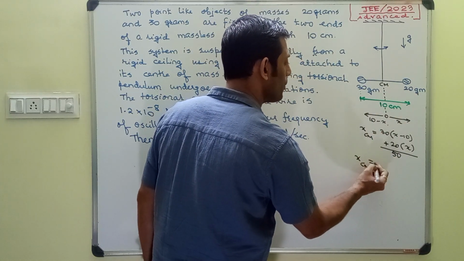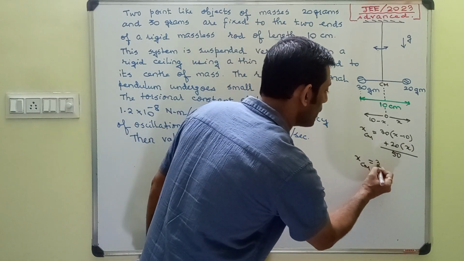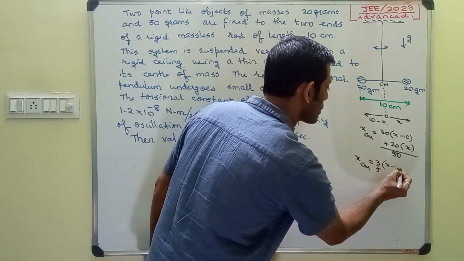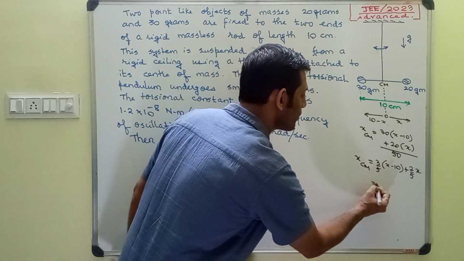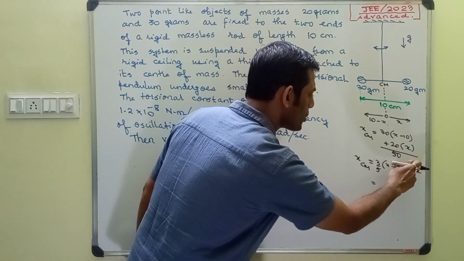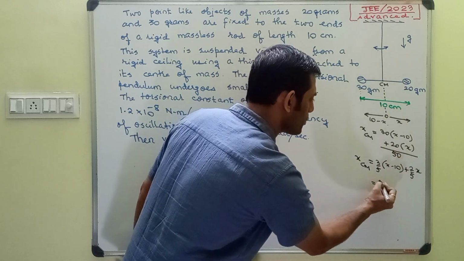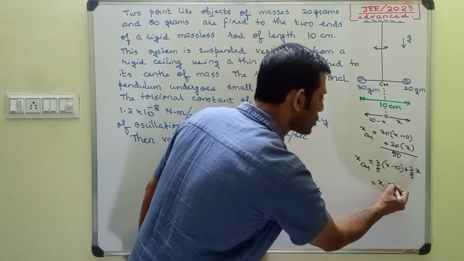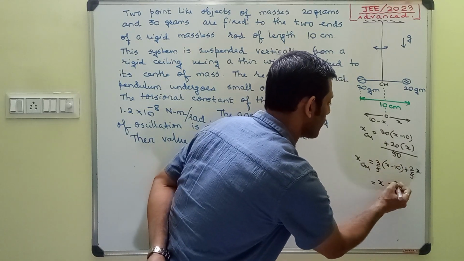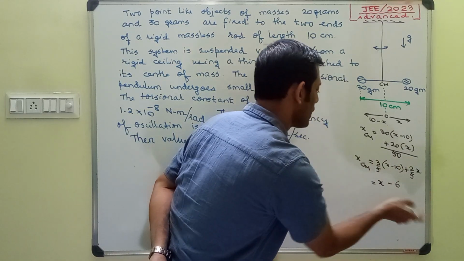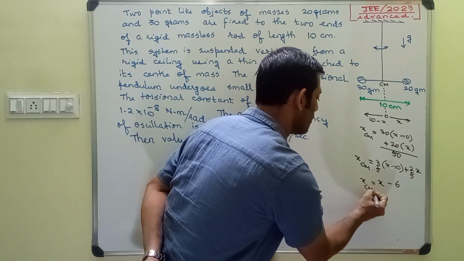The x of the center of mass is equal to 3 by 5 into x minus 10 plus 2 by 5 into x. 3x plus 2x is 5x, so this is simply x minus 30 by 5. 30 by 5 is 6. x minus 6. This is the center of mass position.